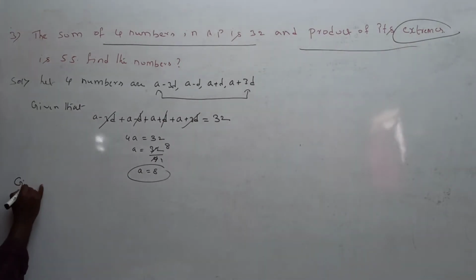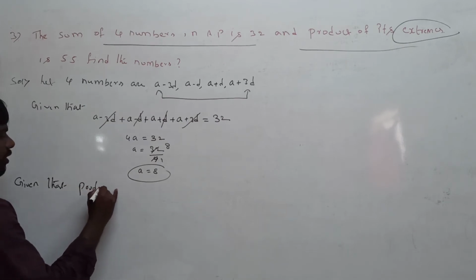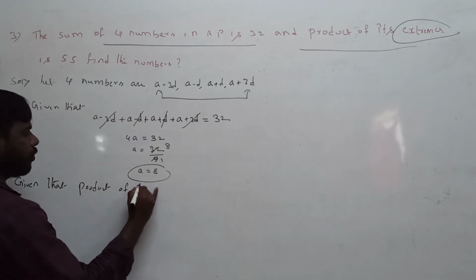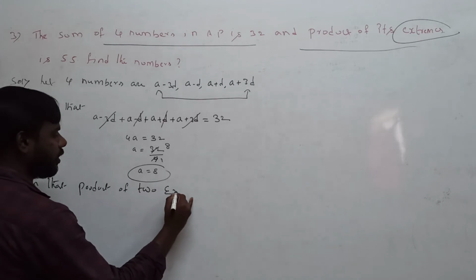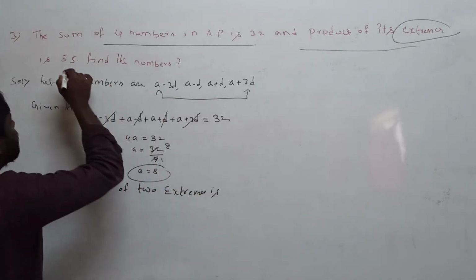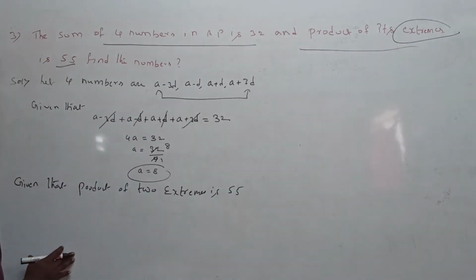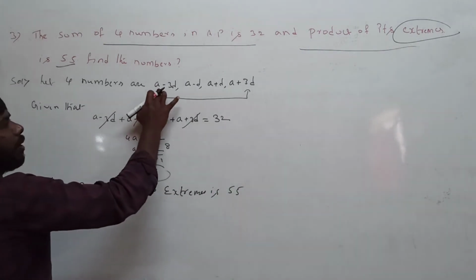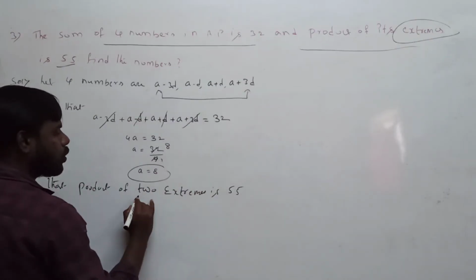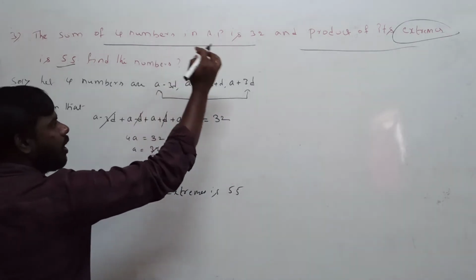So given that the product of two extremes is 55.